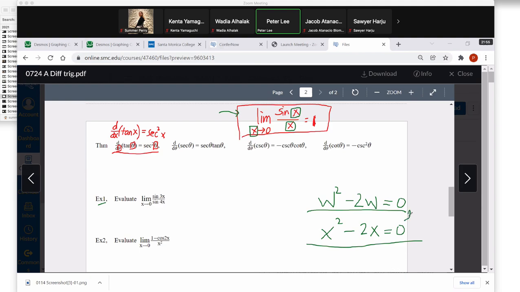If you let x equal w, then they're exactly the same problem. Whether I give you the problem using the letter w or the letter x, essentially they are the same problem. Is that clear?